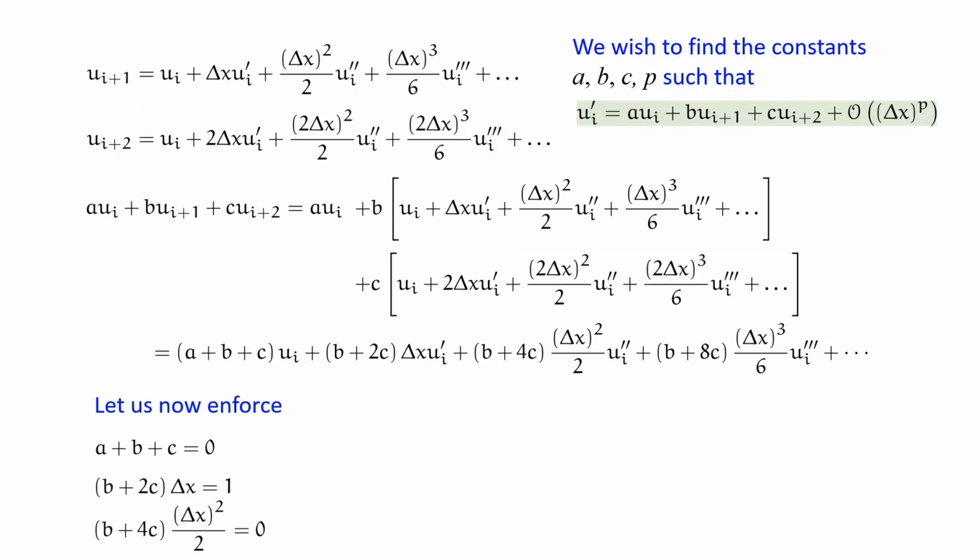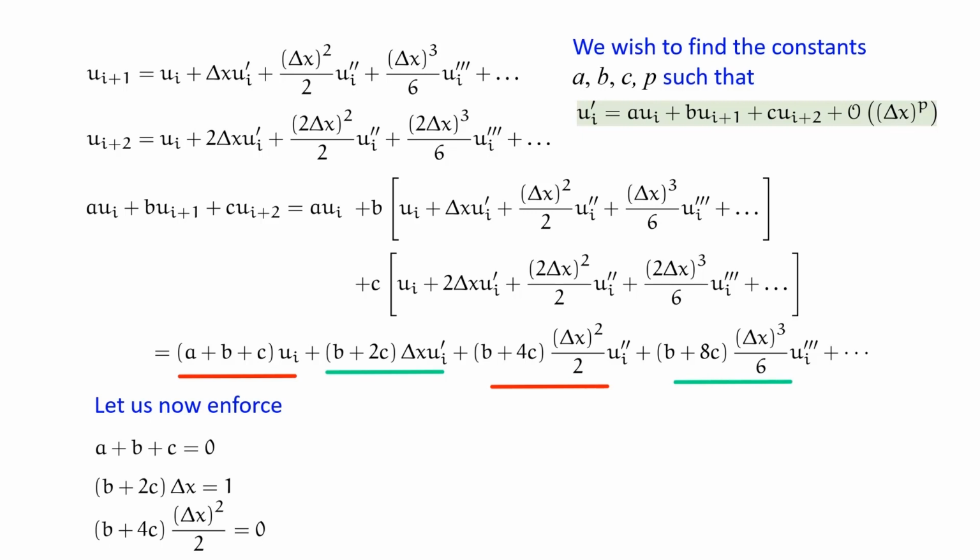Finally, we add all the terms. In a way, we take u i prime, etc. together. So we have a plus b plus c u i, then b plus twice c delta x u i prime plus b plus 4c delta x square by 2 u i double prime plus b plus 8c delta x cube by 6 u i triple prime, etc.